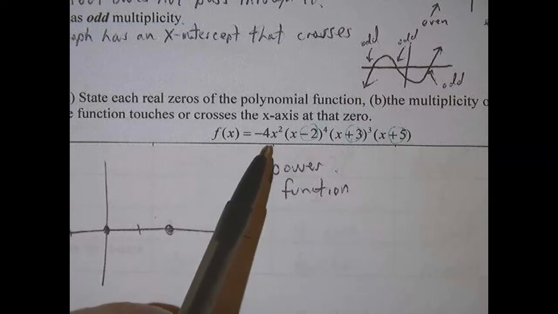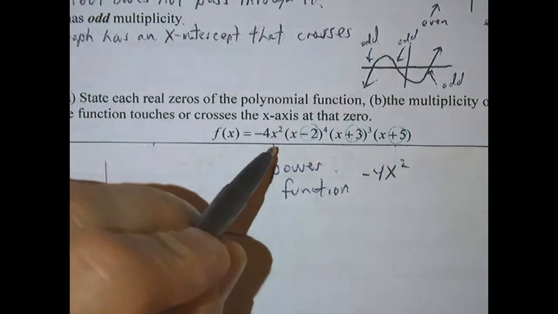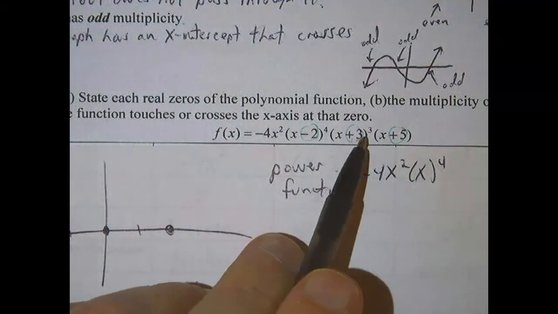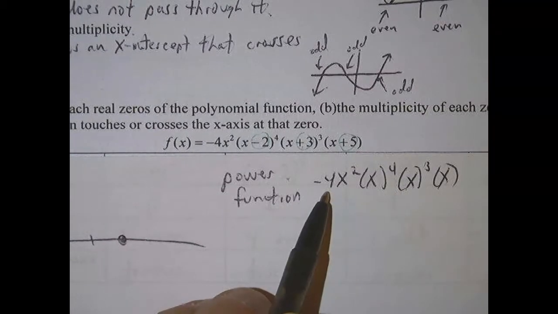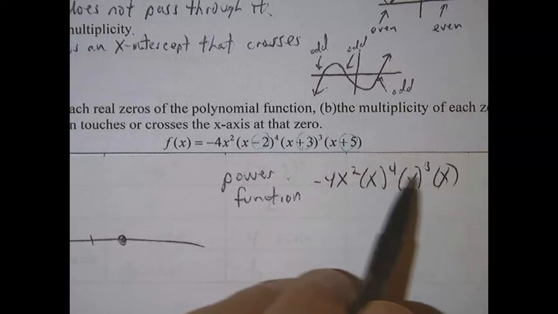So real quick, that would be -4x squared. There's nothing to collapse on that one, times x to the 4th, times x to the 3rd, times x. If you multiply that out, you get -4x to the 2, 6, 9, 10.